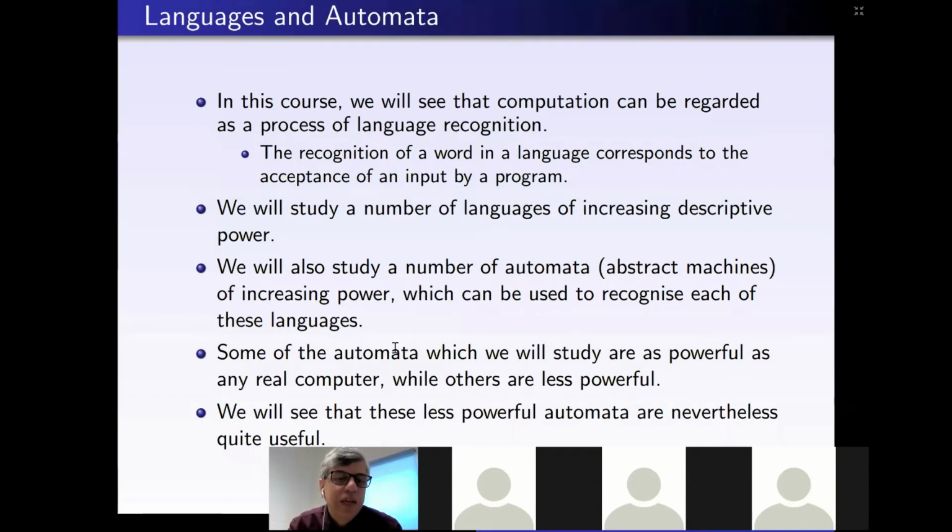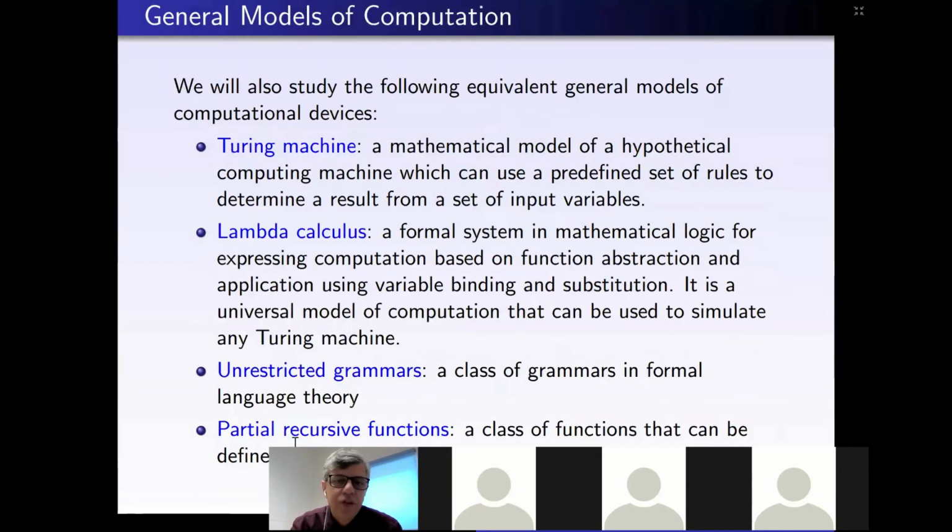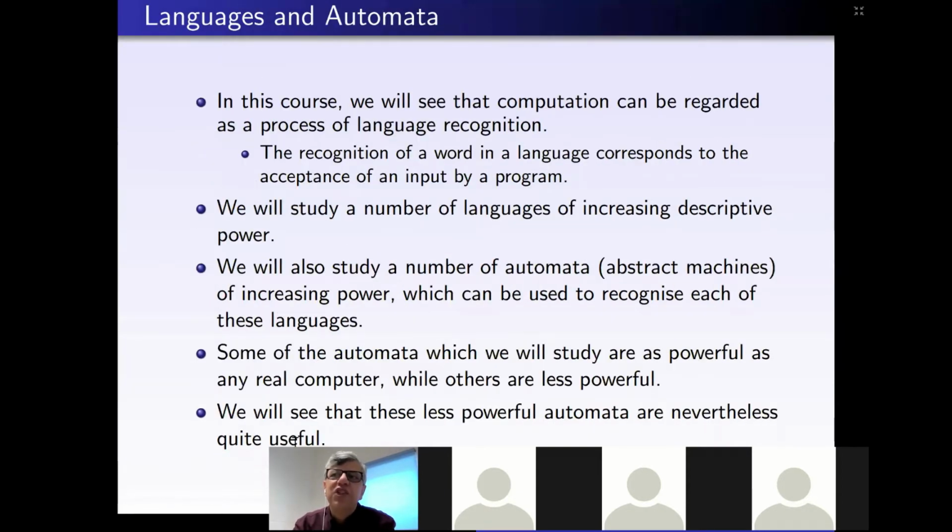In automata, we have different levels of power in terms of computation. So we will see that less powerful automata are nevertheless quite useful. Very similar to the physical world. If you have a computer which is less powerful, it is still useful, though probably you cannot solve more complicated problems with it, okay? So I try, that's one technique of teaching.